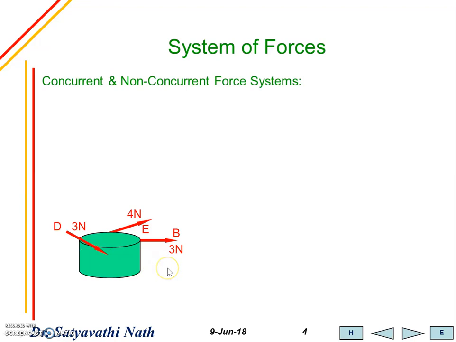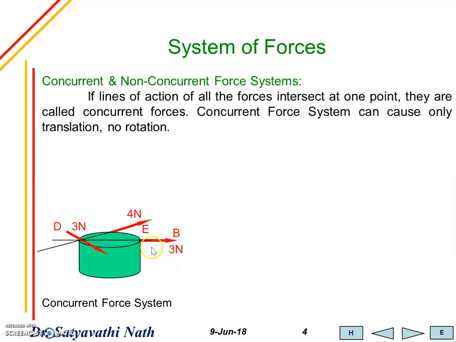If we extend the lines of action of these two forces, they are meeting here on this force D. So that means whether the forces directly or their lines of action, if they meet at a single point, then we can call this force system comprising all these forces a concurrent force system.